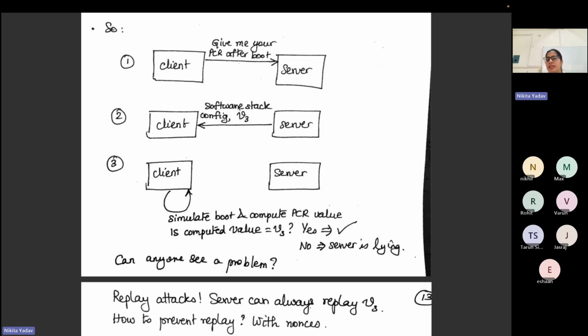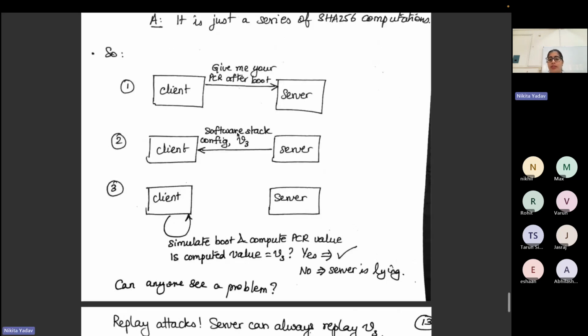It is going to note down this value, and it knows that if I start the server in this particular order with these versions, then this value is computed. Then it will start the server with any software stack, like a corrupted OS. And if the client asks for the value v3, it is going to give the value v3 that it has computed before. It can keep using it again and again without actually computing it when the client asks for it.